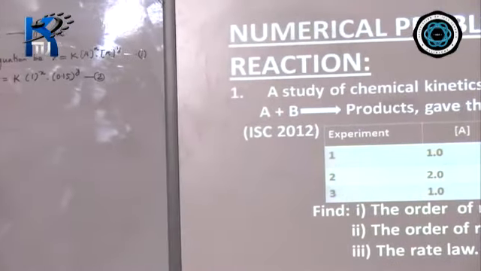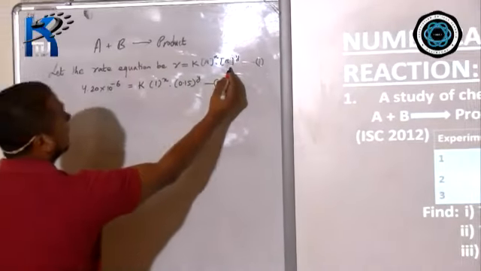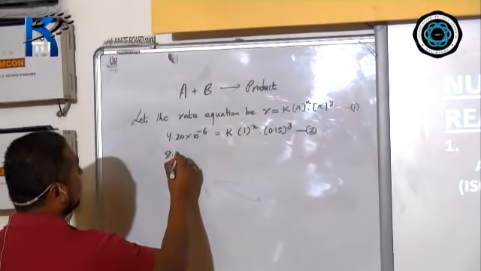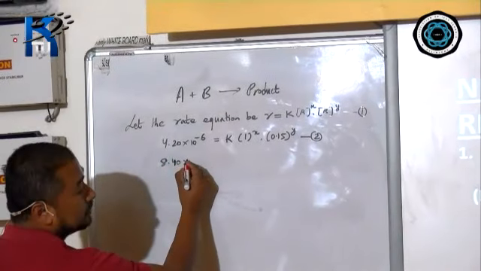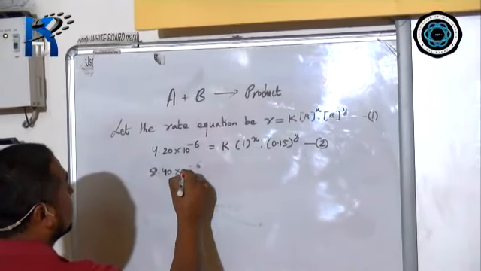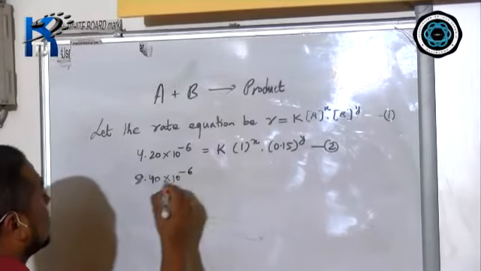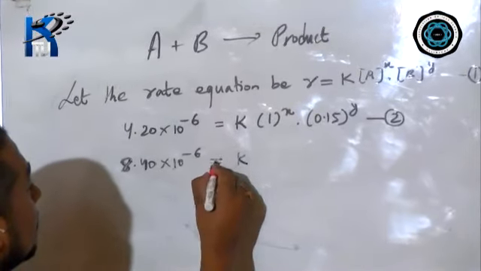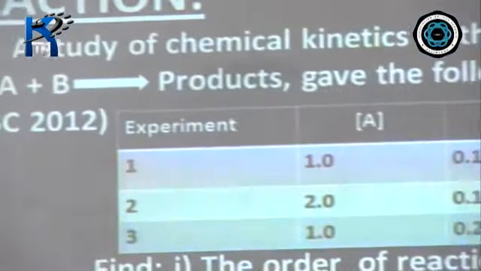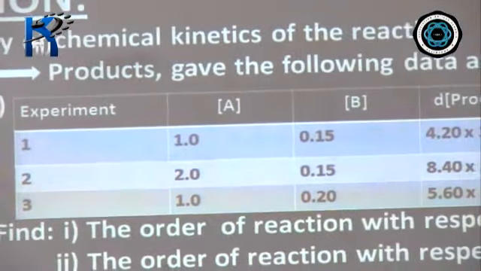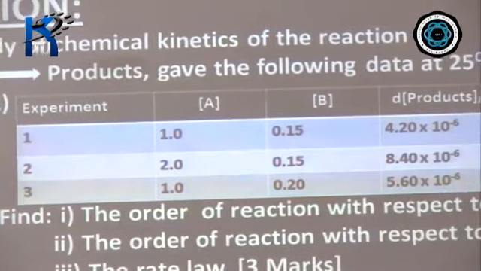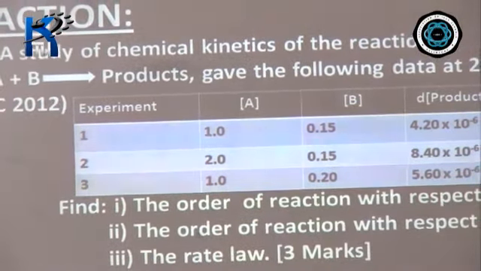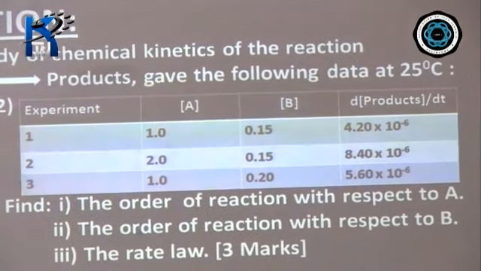Similarly, now we'll put the values of experiment 2 in the same equation. For the second experiment, the rate is given as 8.40 into 10 to the power minus 6, is equal to K. And concentration of A is given as 2 to the power of X, and B is given as 0.15 to the power of Y. Let it be equation 3.